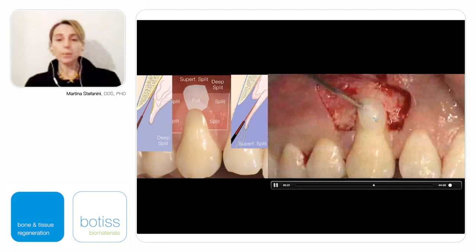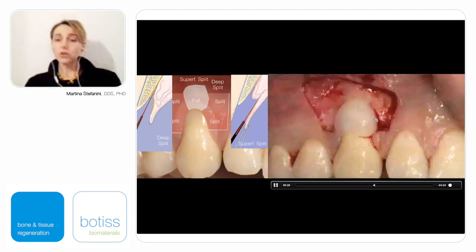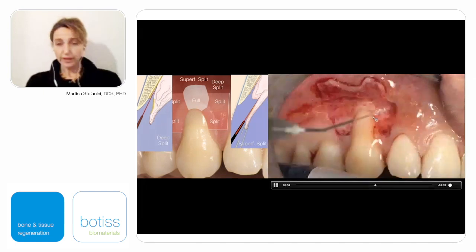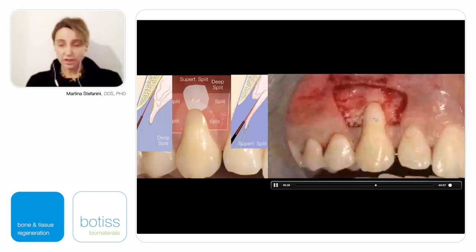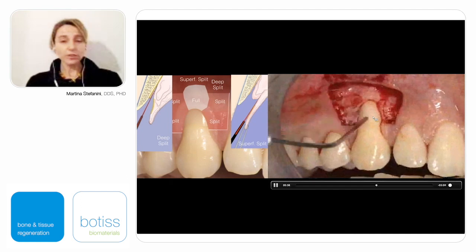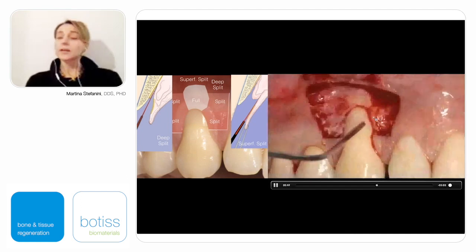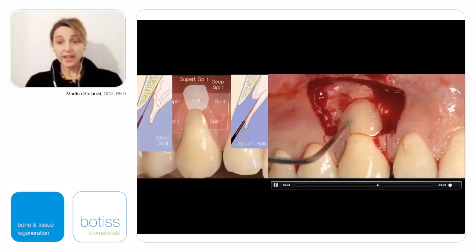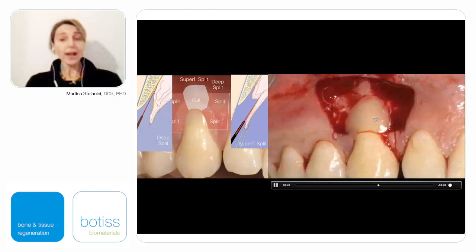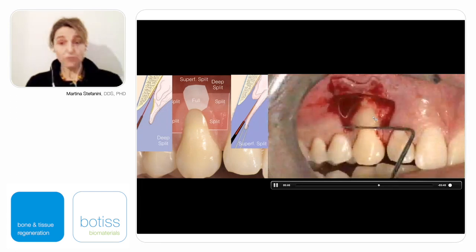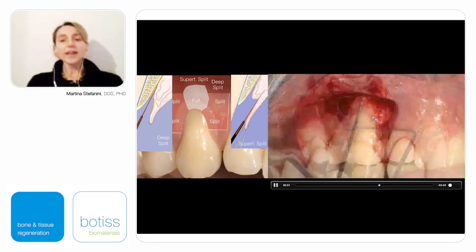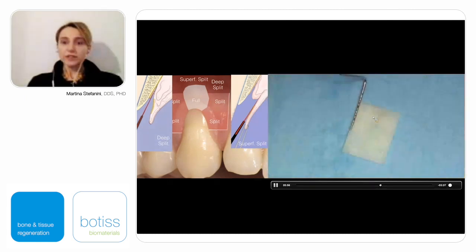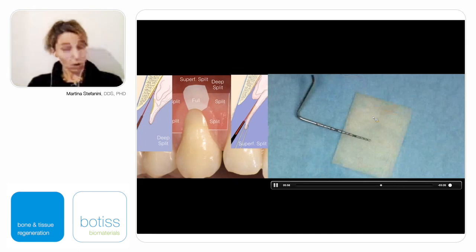And then you can apply EDTA gel for 2 minutes in order to remove the smear layer from the dentin tubuli and in order to expose the collagen component from the dentin tubuli that will be linked with the fibrin net of the blood clot. And then, especially in presence of a buccally malpositioned tooth or very wide gingival recession, you can apply amelogenin in order to improve the quality of the connective tissue attachment on the root.